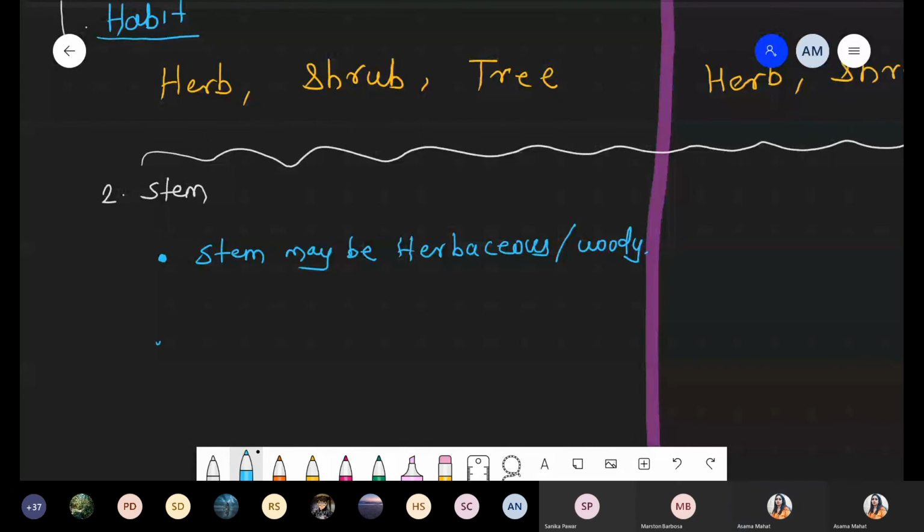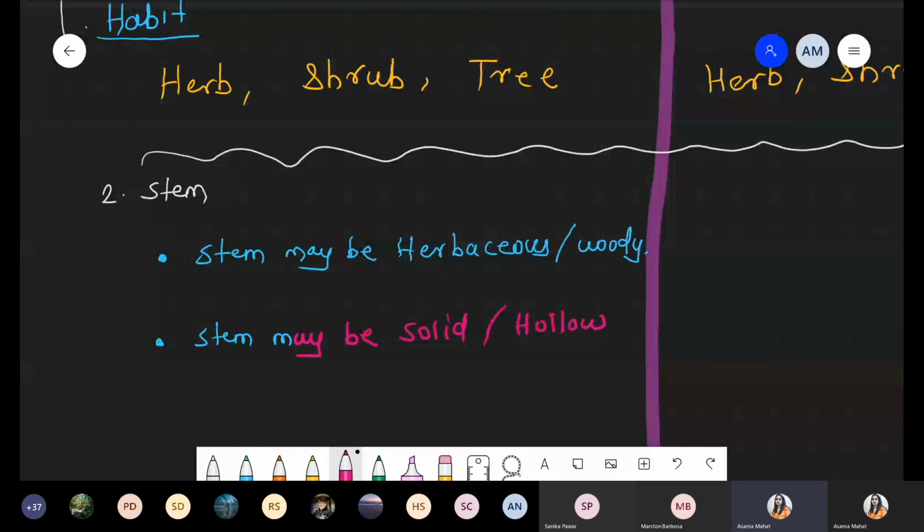Okay. Or in the second category, maybe the stem is solid, or from inside they may be hollow. So these are the conditions for your stem.